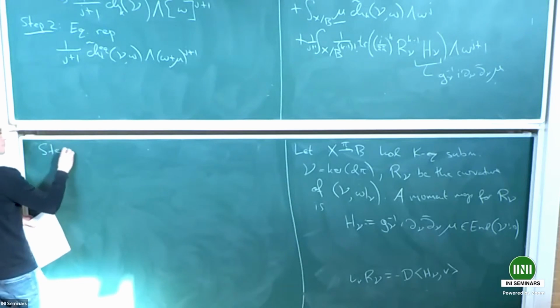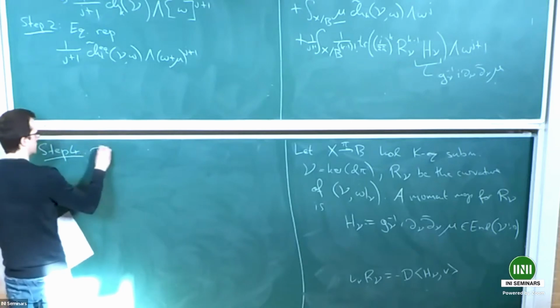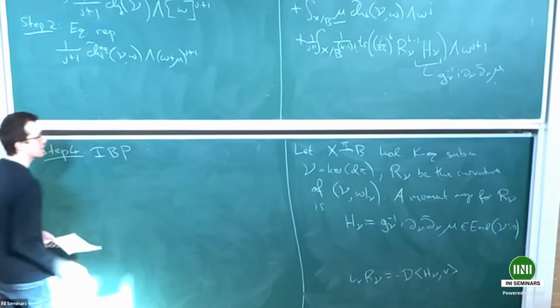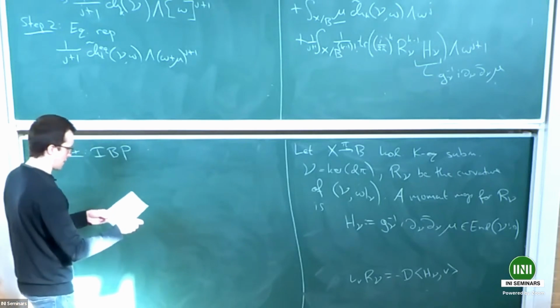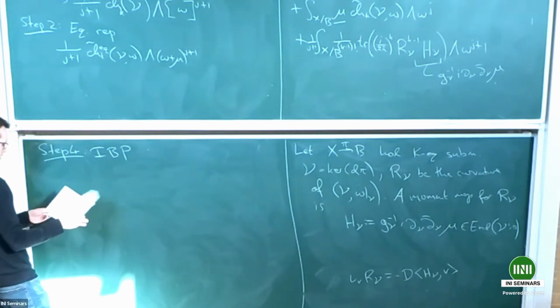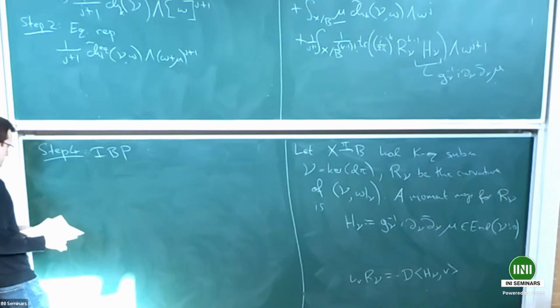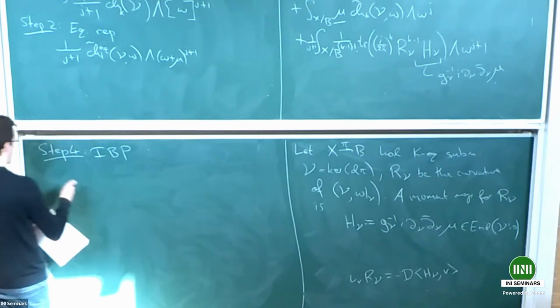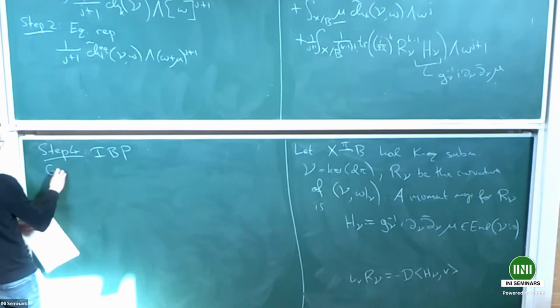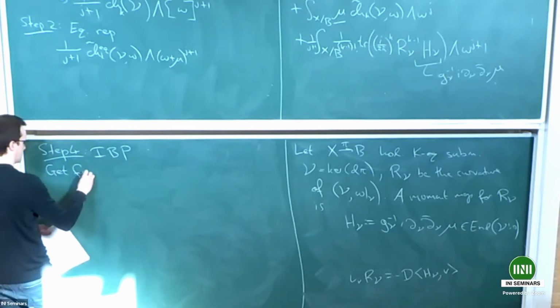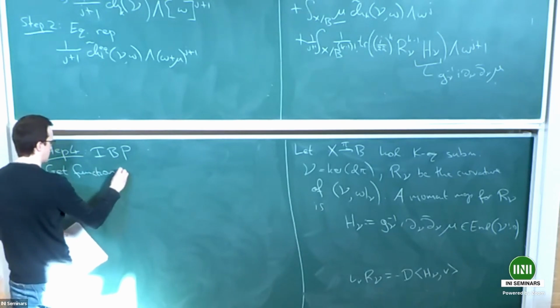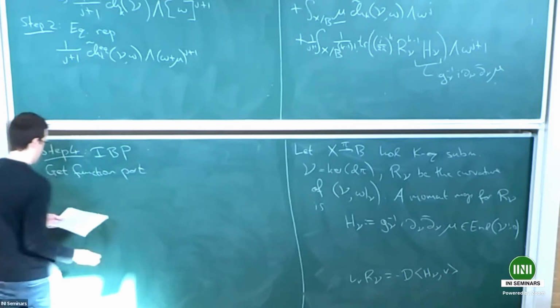So step 4 is integration by parts. And what you get is a function part as follows.